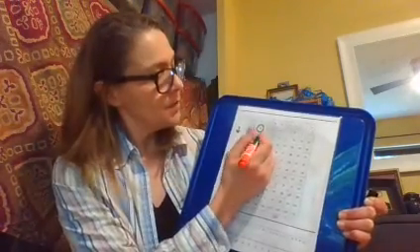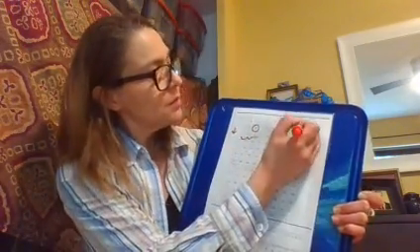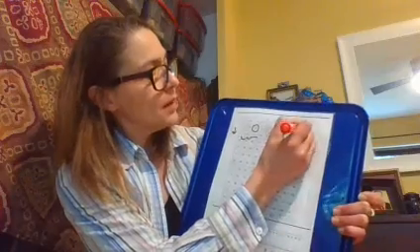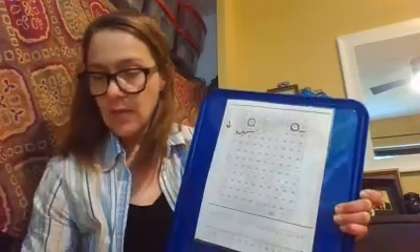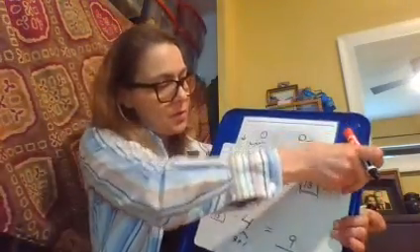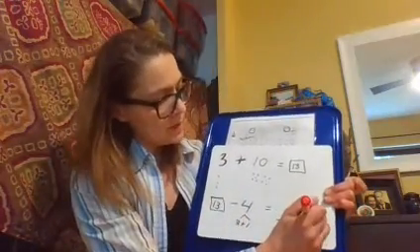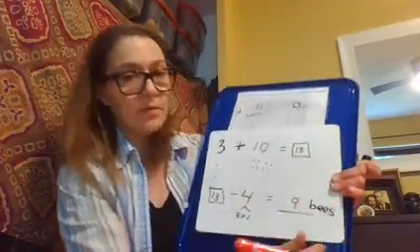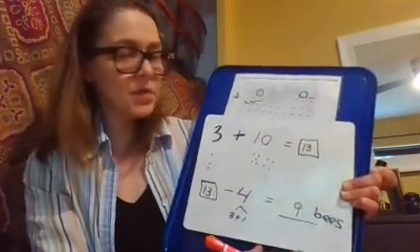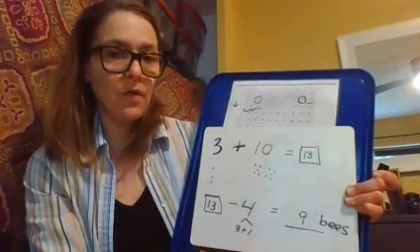Okay, and then I'm going to take away 4. 1, 2, 3, 4, and I land on 9. And that's the answer I got. And remember, you're supposed to put what it is, so it's 9 bees. Okay, so that's how you would solve that solve and share.